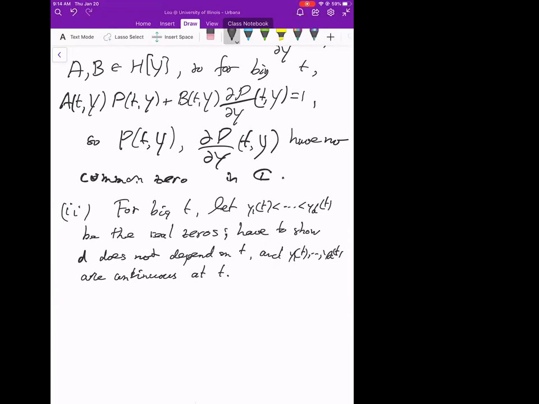Now we also introduce the complex zeros, and they of course appear in complex conjugate pairs.